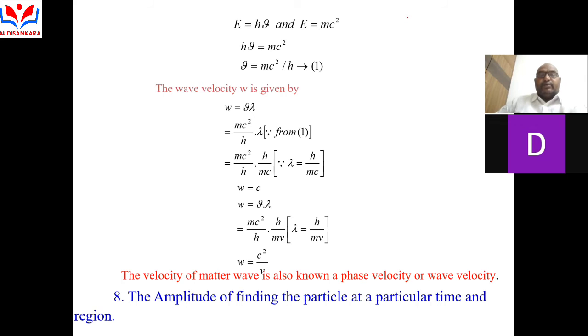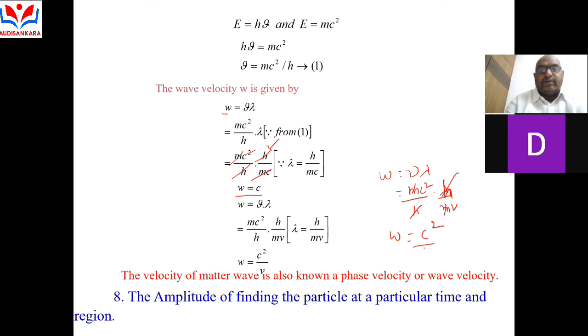From de Broglie's hypothesis, lambda is h by mv, so h cancels, and omega is equal to c squared by v.